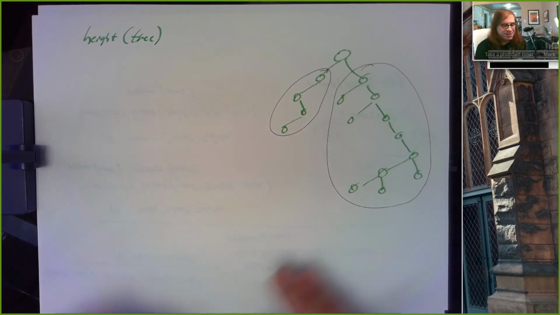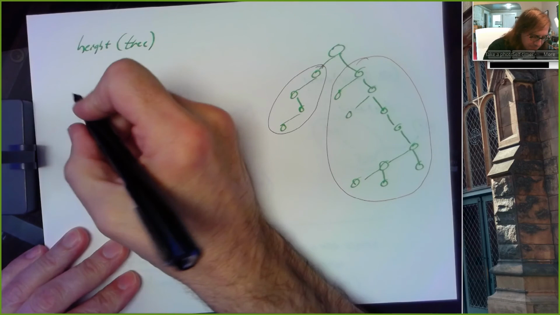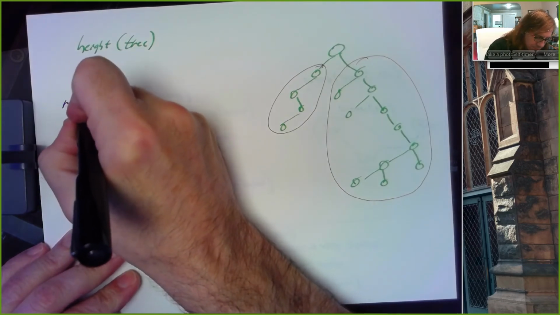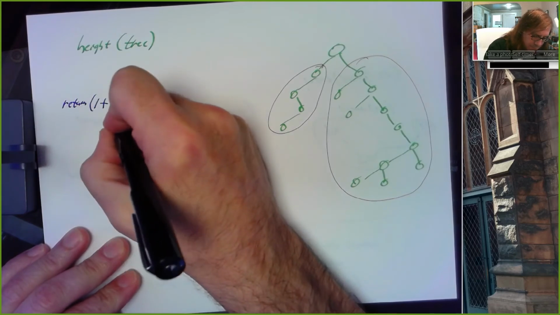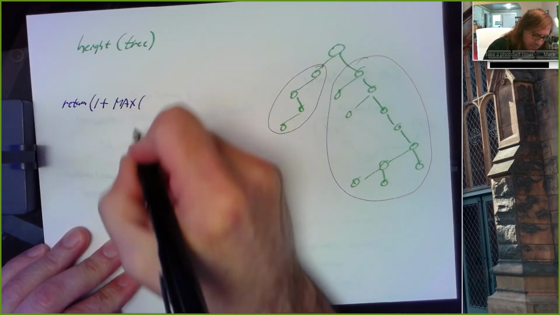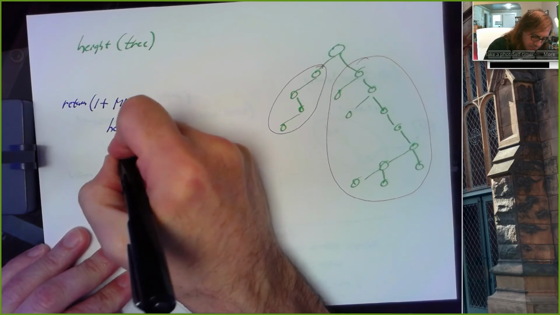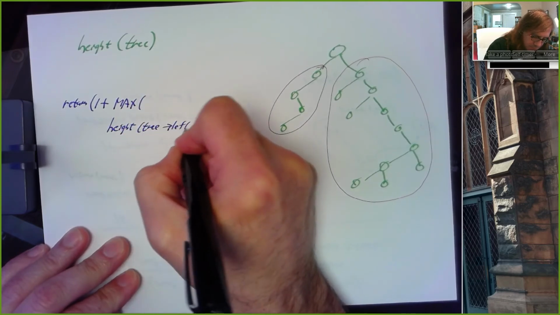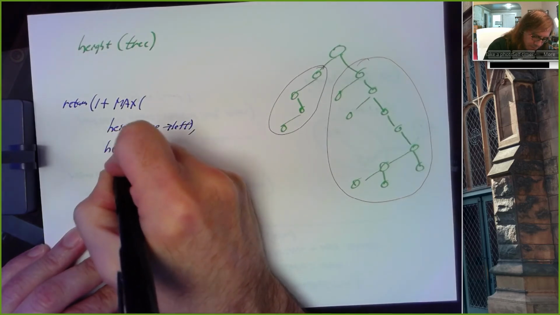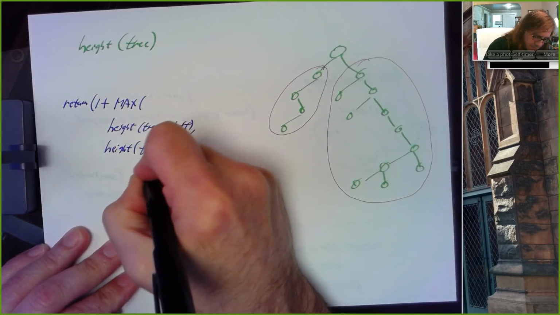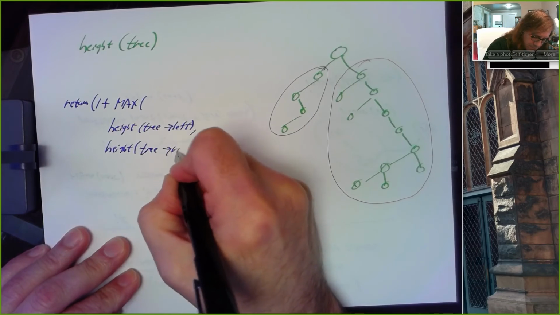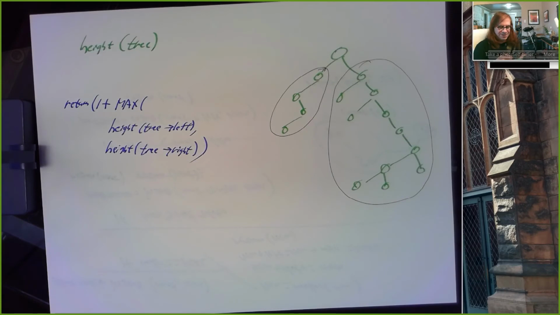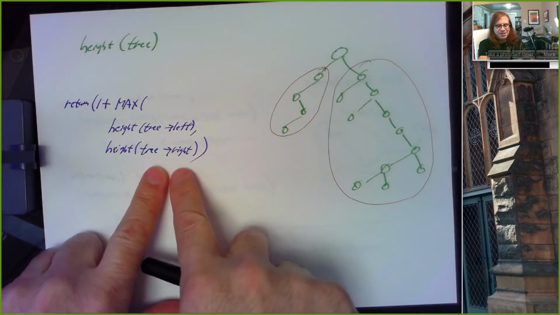So here's an easy way to find the height of a tree. One line. Find the height of the left subtree, the height of the right subtree.